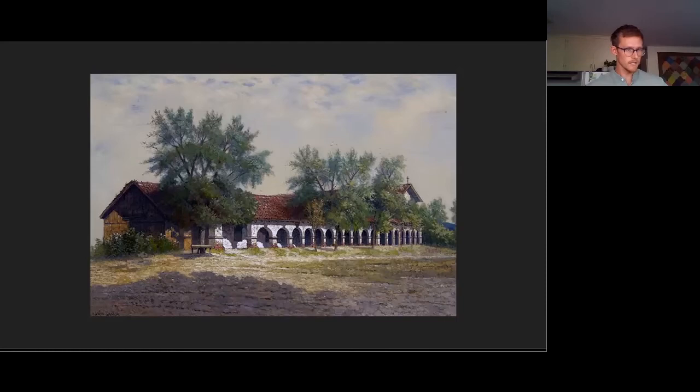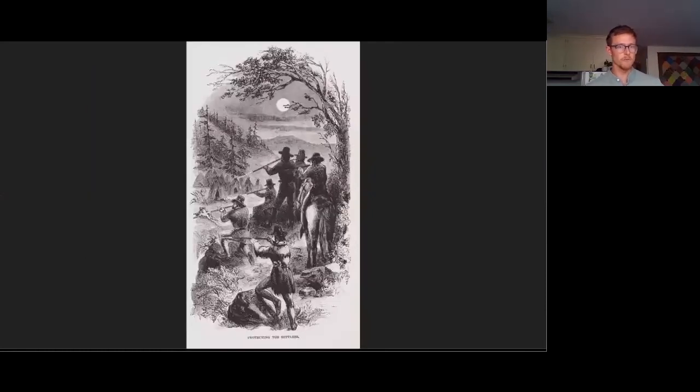The mission system in California collapsed in 1834, but the California gold rush began in 1849. That's just 15 years later. And Anglo-Americans moved in huge numbers and massacred or enslaved a majority of the remaining indigenous people in this part of California.